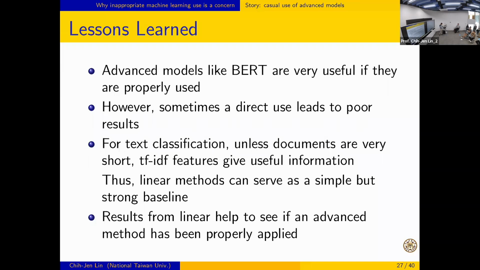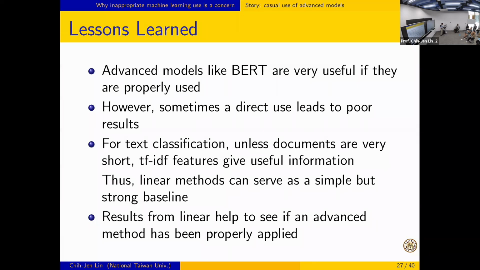Therefore, if you do TF-IDF features, then linear classifiers, you can get a reasonably good model. Therefore, linear methods can serve as a simple but maybe strong baseline. And especially the training time is so short, then you should do that. Because results from linear can help you to see if an advanced method has been properly used.